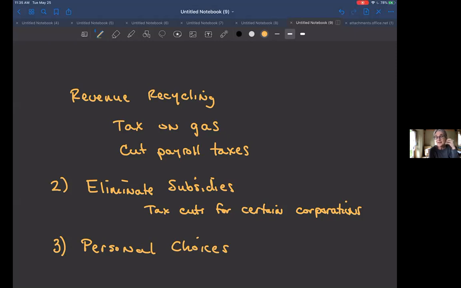And we like to think about this because we like to be free individuals, especially in this country, right? I like to have the choice of buying a gas guzzling vehicle. If I want to, I should have that choice, right? But there are personal choices that can make a slight difference, and there's personal choices that can make bigger differences.